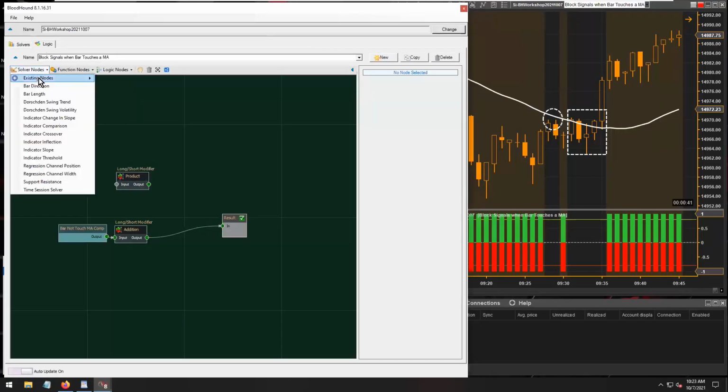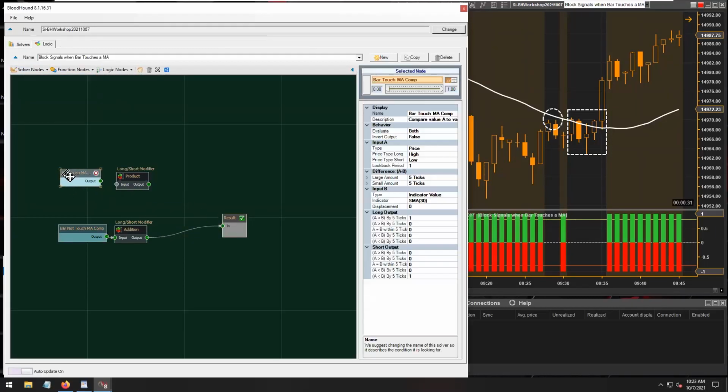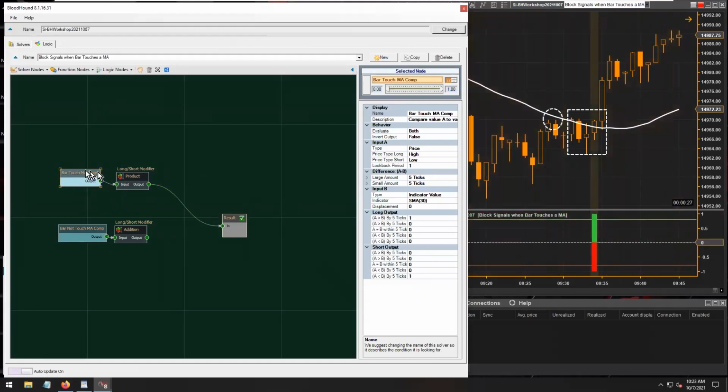And so let me put that new solver on the board here. So we're going to existing nodes, and there's that new solver I just made, and let's connect that up. And we can see that in this case, the difference amount isn't working for identifying a bar actually touching the moving average.